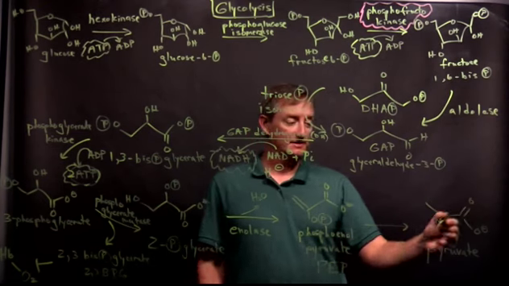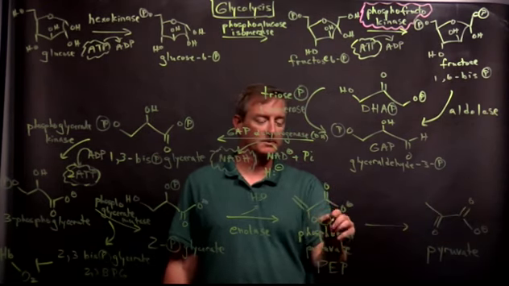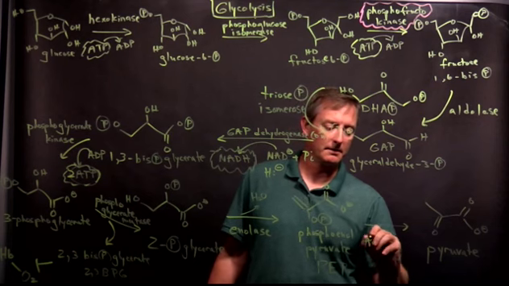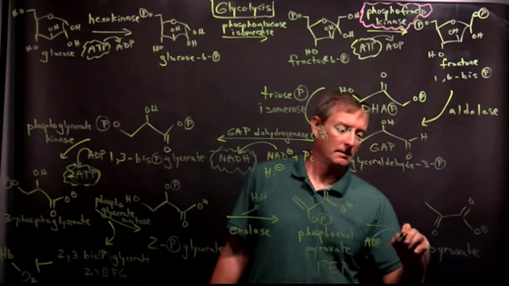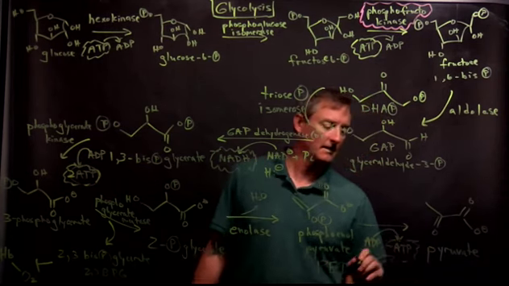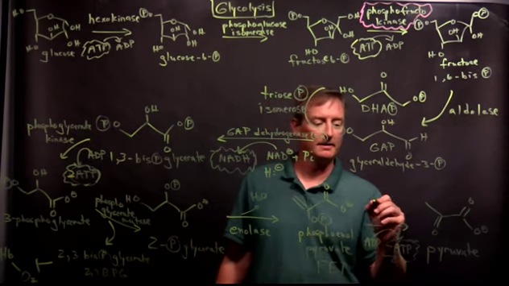And a pyruvate doesn't have a phosphate group. So we harvest this last phosphate group to generate more ATP. And again, this is net profit ATP right here.